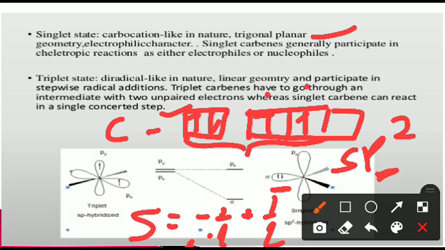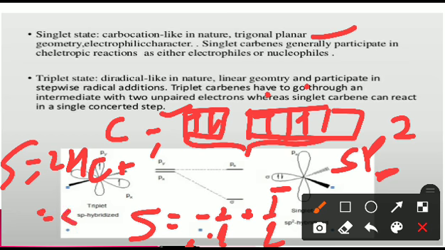That's why this is called a singlet, and their spin is S equal to 0. Here the multiplicity is 2S plus 1, where S is plus half minus half, which is 0.